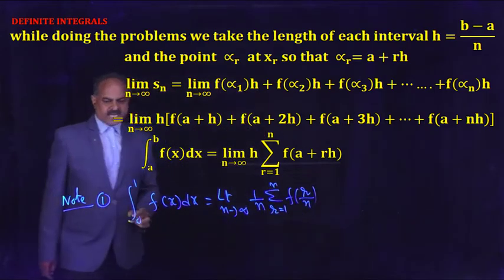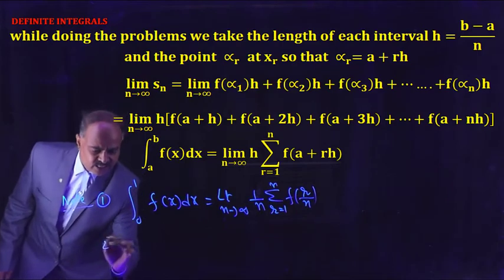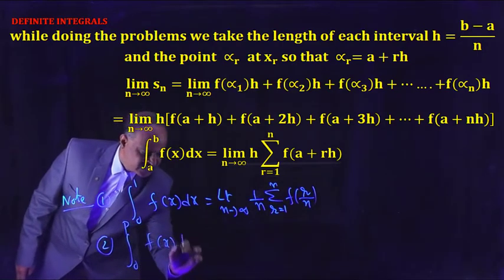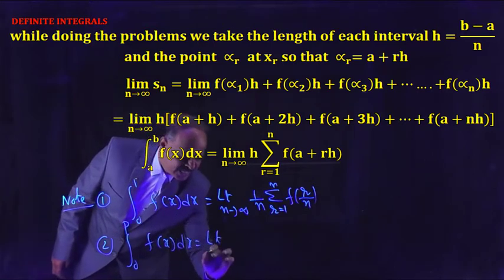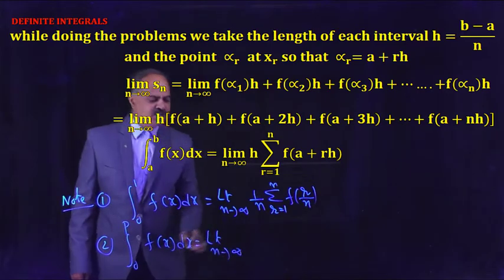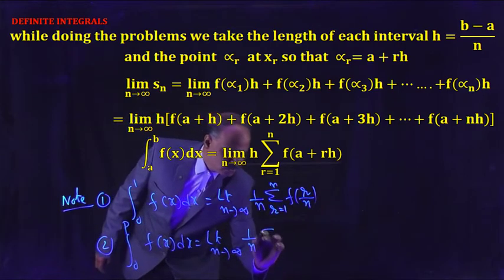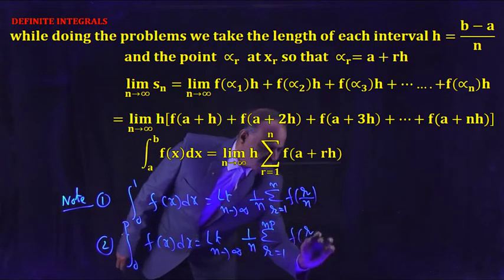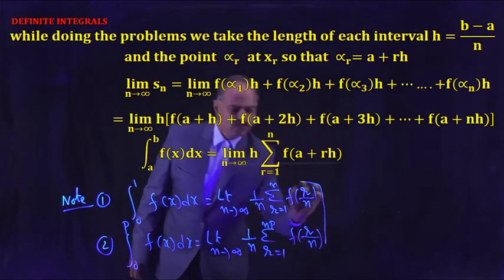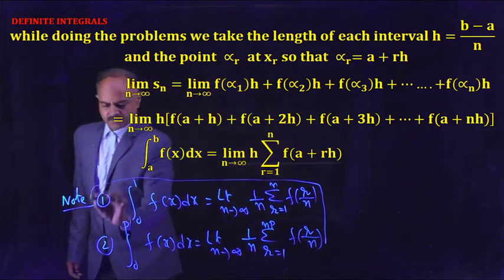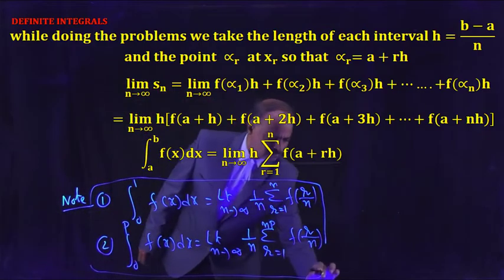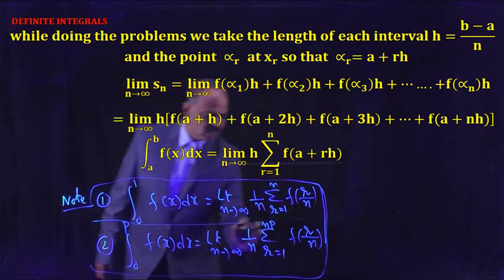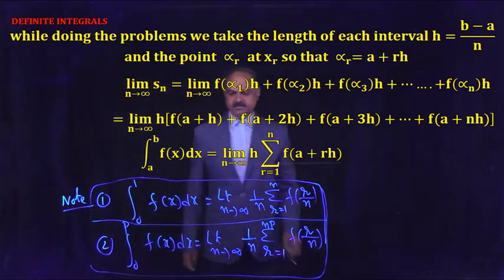And second one is integral 0 to p f of x dx equal to limit n tends to infinity 1 by n into sigma r is equals to 1 to np f of r by n. These two formulas are very important.